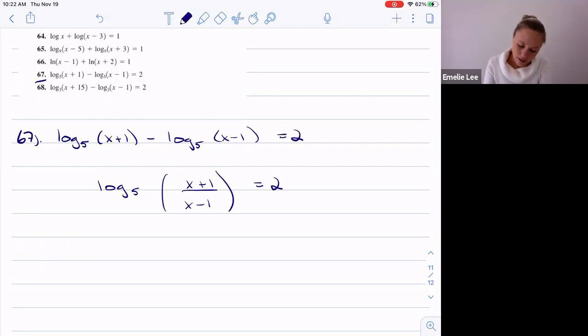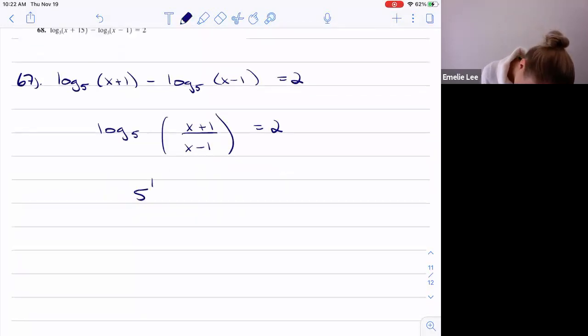So let's see here. Log base 5, I could take any power, but what I'm going to do is raise it to the power of 5, the same base, because the 5 to the power of log base 5 is going to cancel out, and just what's inside is going to drop out. But that also means I have to have 5 to the power of 2 on this side.